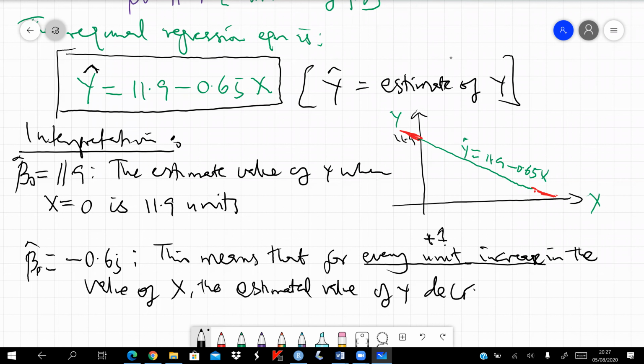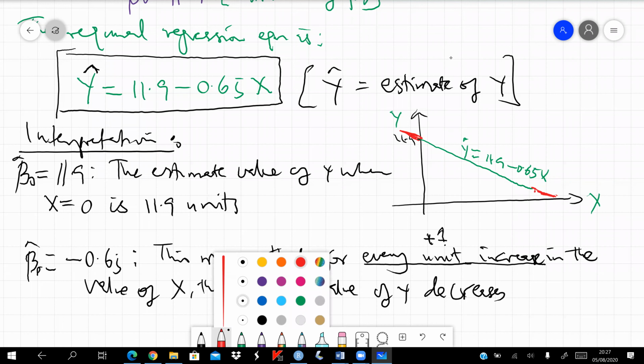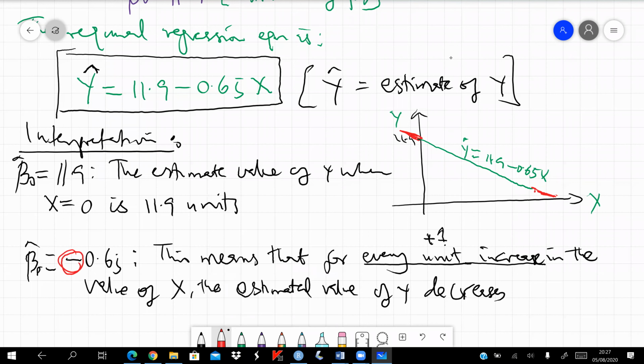decreases because of this negative sign here. This negative sign tells you the relationship is inverse. So as you increase x, y will be decreasing by 0.65 units.